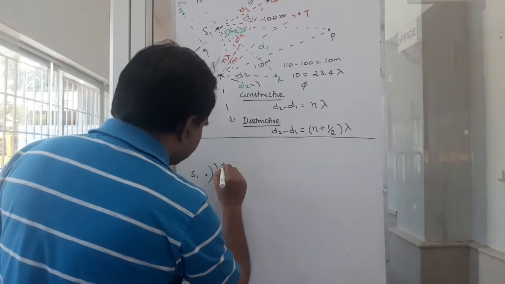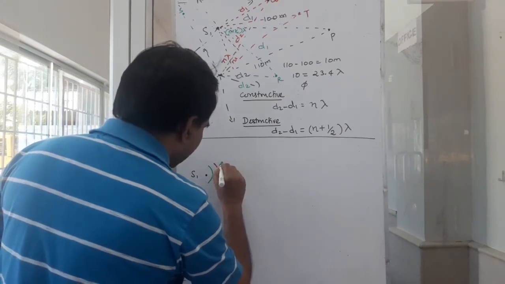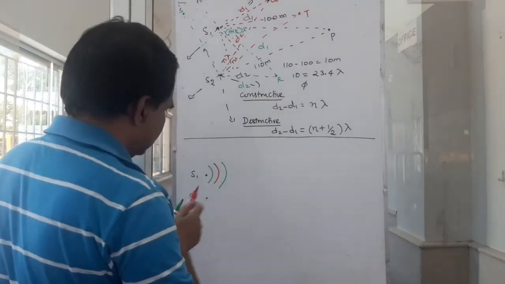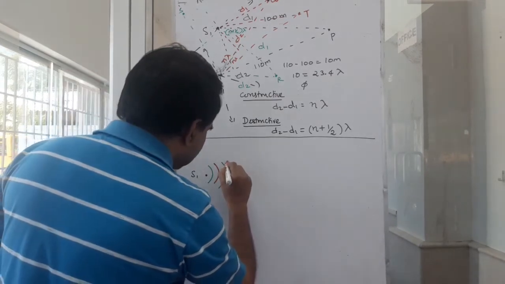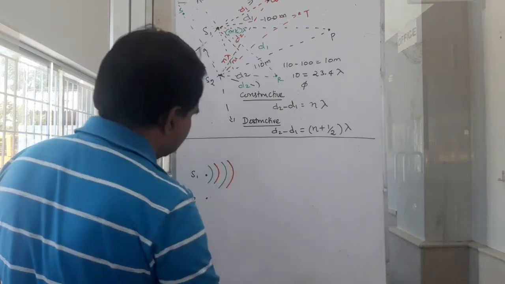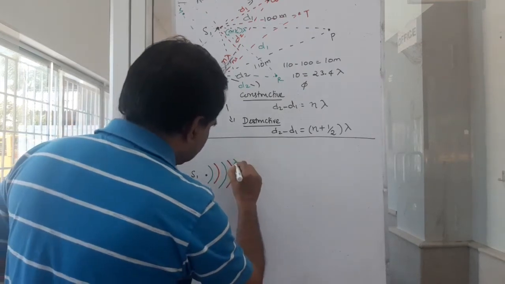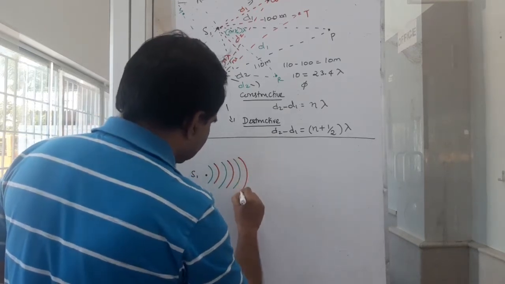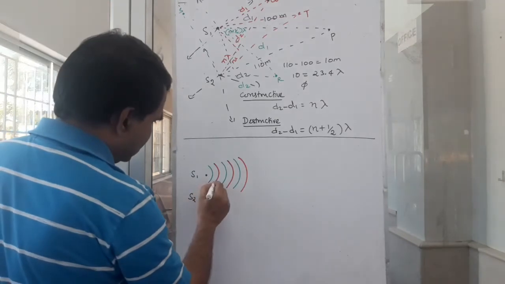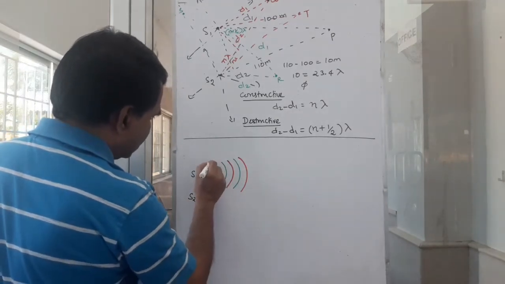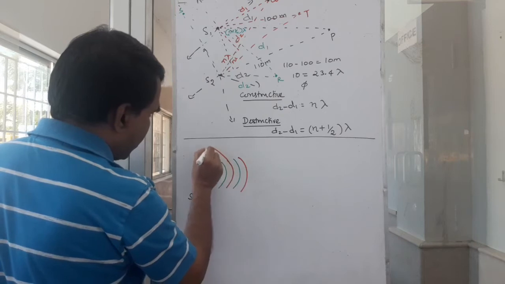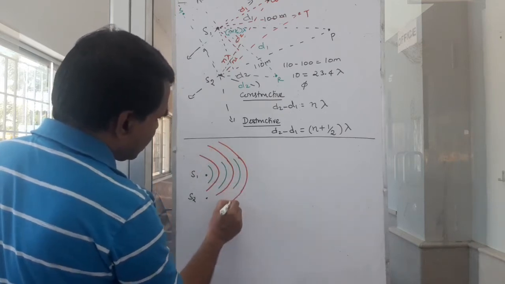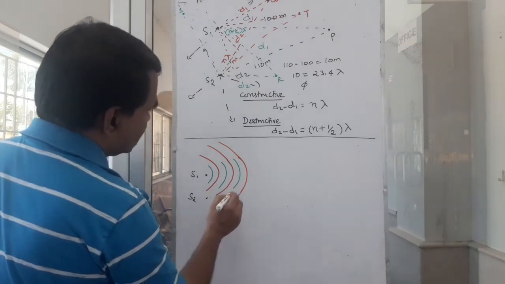Okay, and then again this peak, and then this valley, then this peak, and this valley. So you can see, I can extend it, right? I can extend it. Something like this.